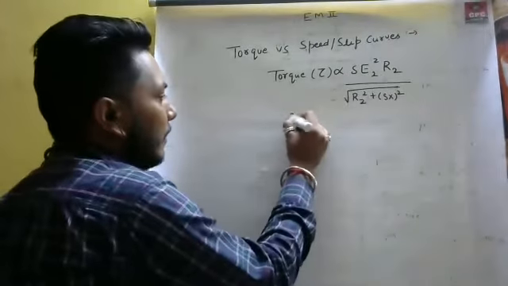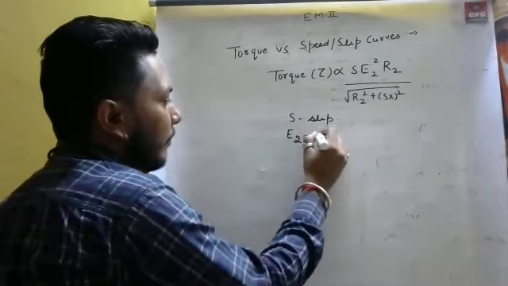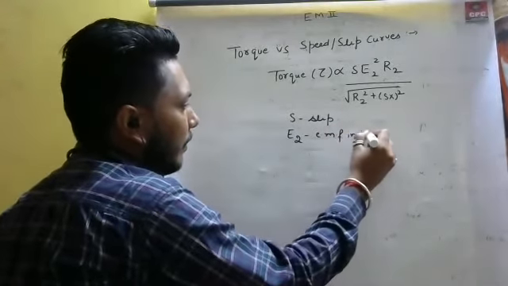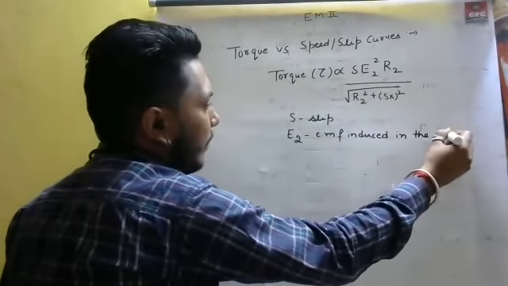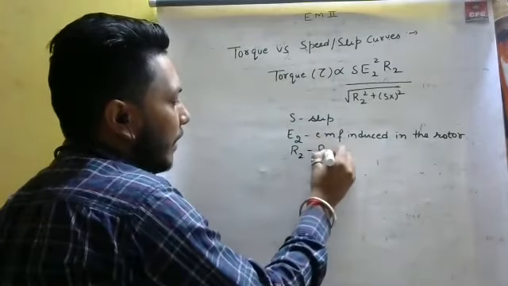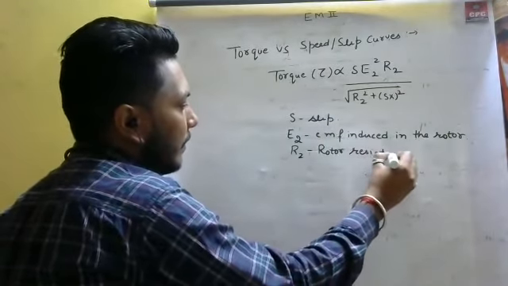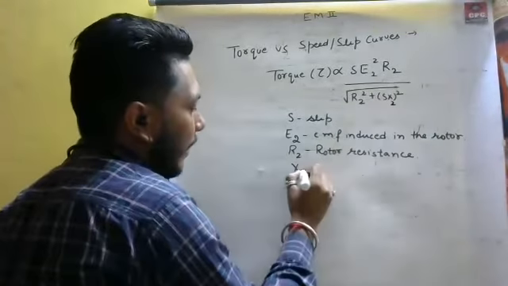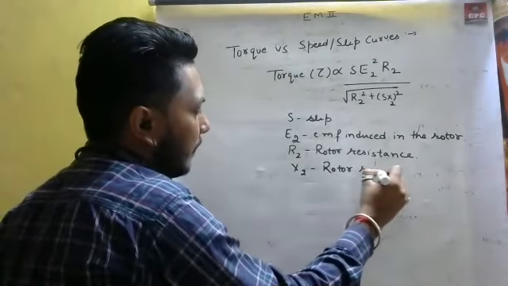Here S is slip, E2 is the EMF induced in the rotor, R2 is rotor resistance, and X2 is rotor reactance.